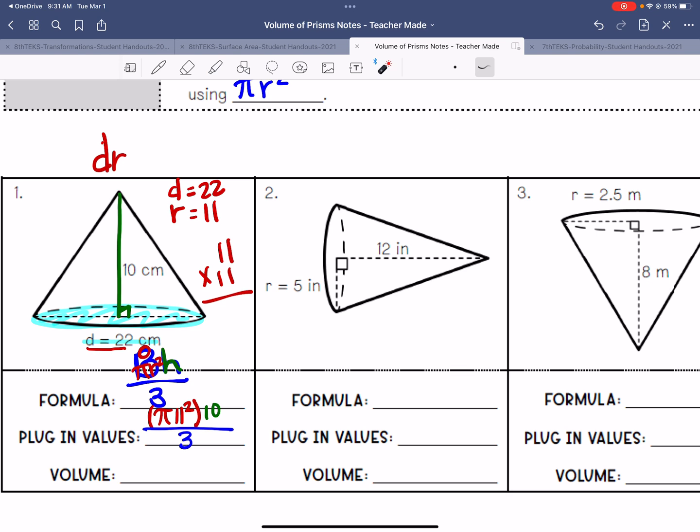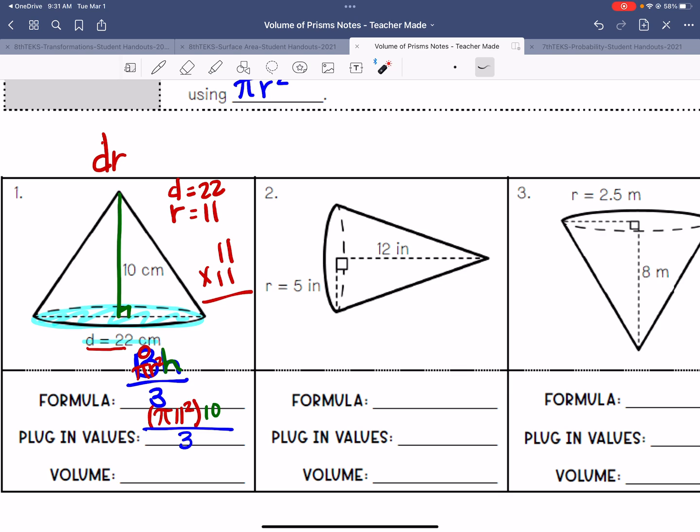You can enter this in your calculator. The way you should type it in is the top part, the numerator of that fraction, needs to be in parentheses, and then you can divide by 3 at the end. So we're going to type in the pi button, which we figured out how to use yesterday. So pi times 11 squared.